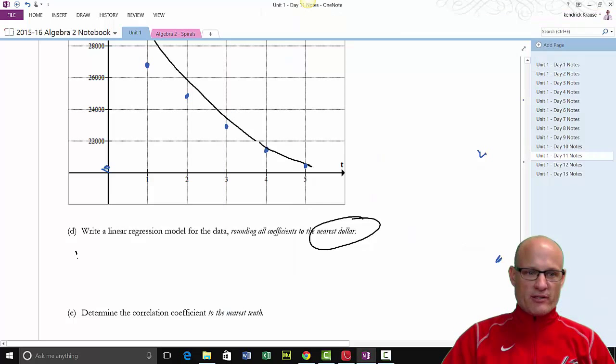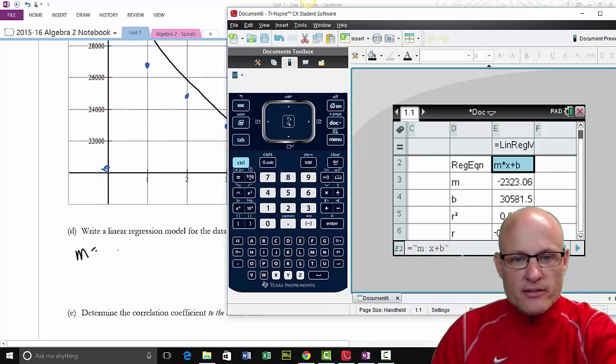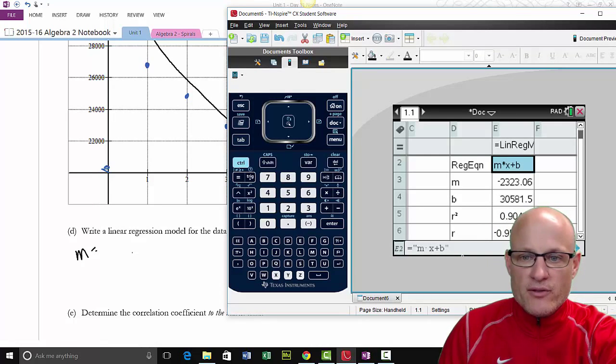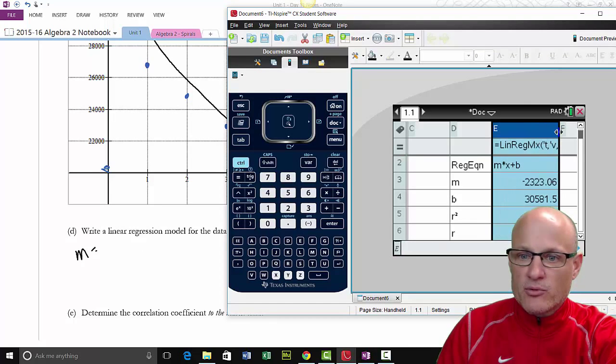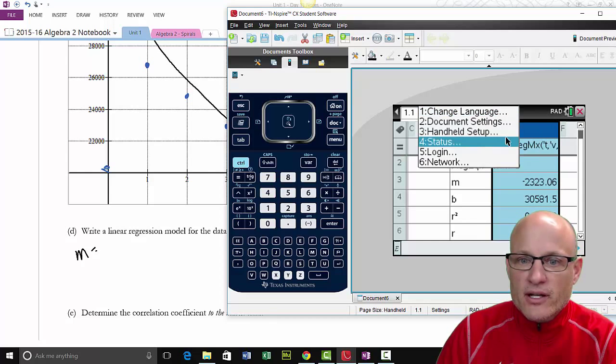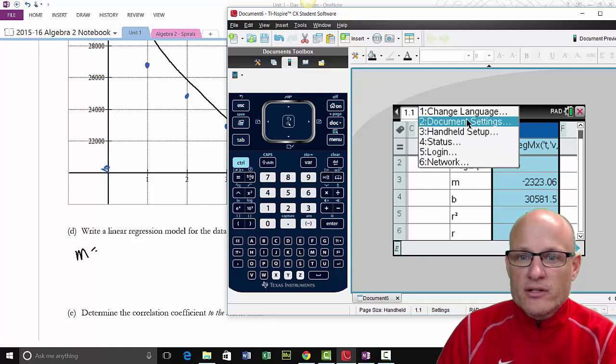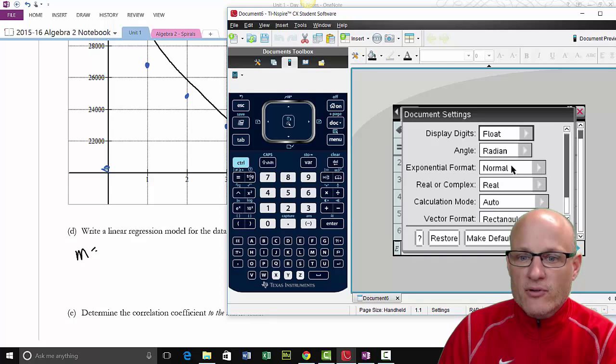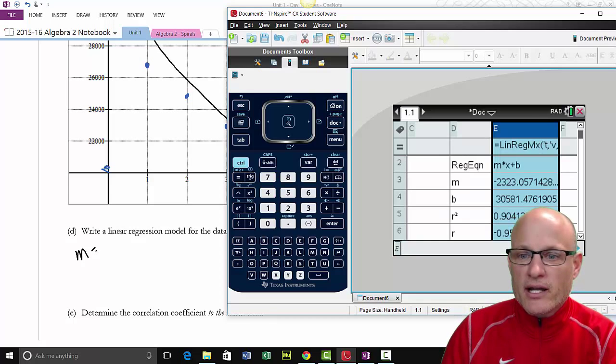Since I'm only rounding to the nearest dollar amount, my slope is going to be obviously negative 23. I hate that. Let's go get some more points. This is driving me crazy. Settings. Oh, there you go. Document settings. Float. Okay, now we get them all.